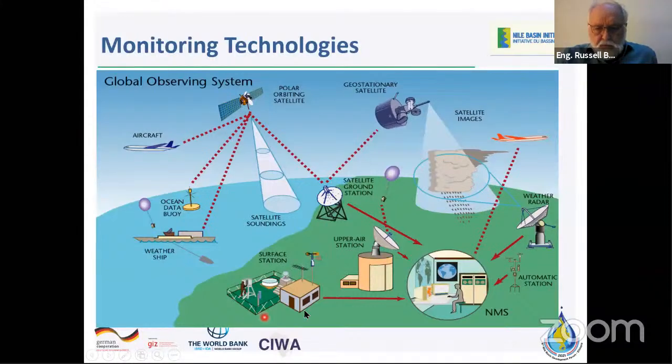As well, you'll note that this diagram tends to look at the National Meteorological Service side, but you can readily think of a hydrometric gauging station in this diagram that looks very similar to monitoring a river.